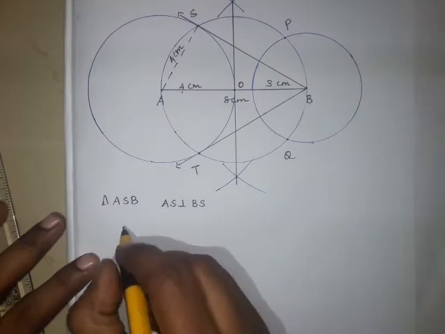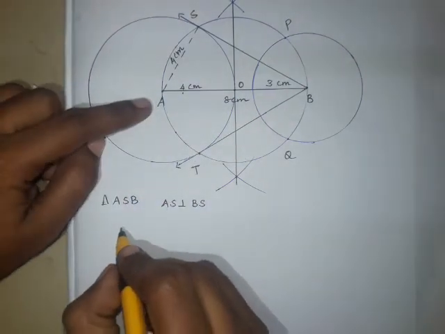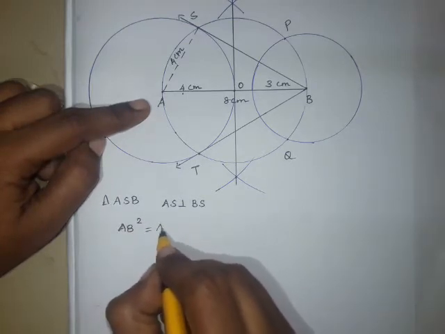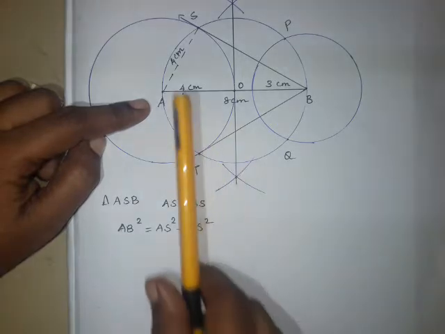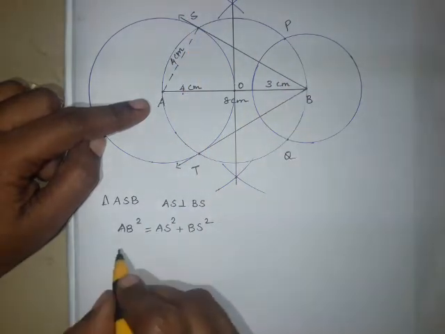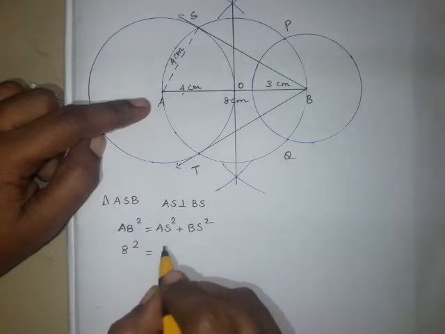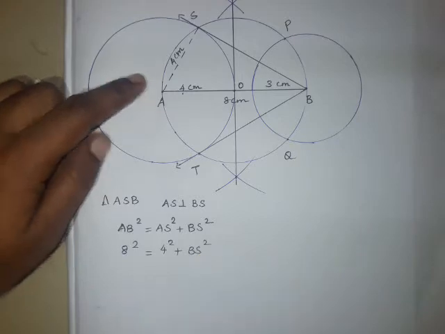By Pythagoras theorem you can write, this is hypotenuse, so AB squared equals AS squared plus BS squared. Remaining 2 sides. AB 8 centimeter, 8 squared. AS 4 centimeter, 4 squared. BS we don't know.